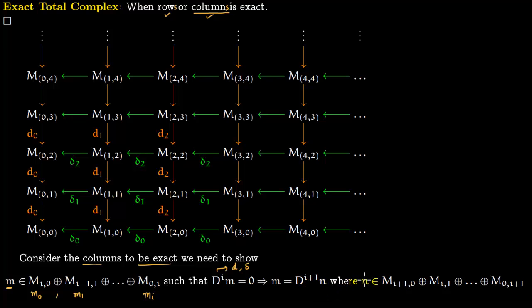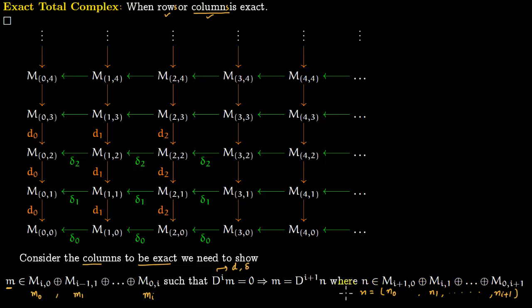So m has to be equal to d of something else, where n lies in the i plus 1 entire diagonal. So n is of this form: you start with n0, then you have n1 all the way to n(i plus 1).